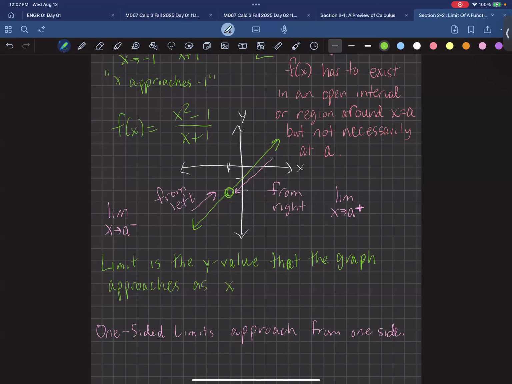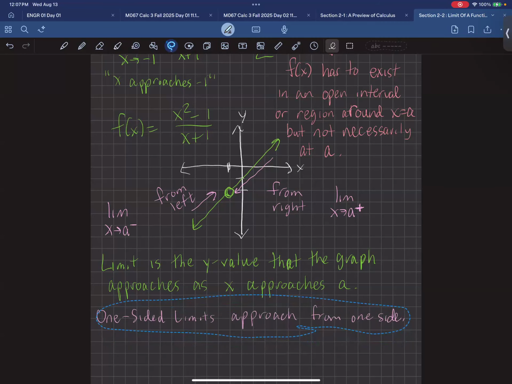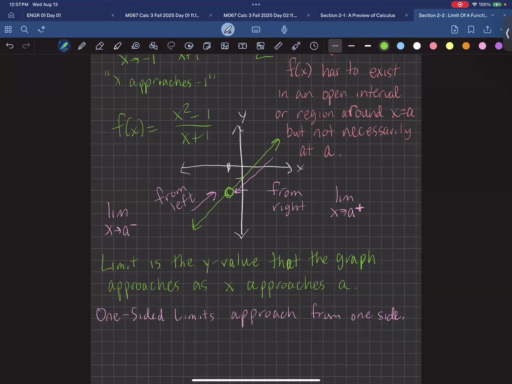So that's why we were getting a -2. This y value right here is -2.